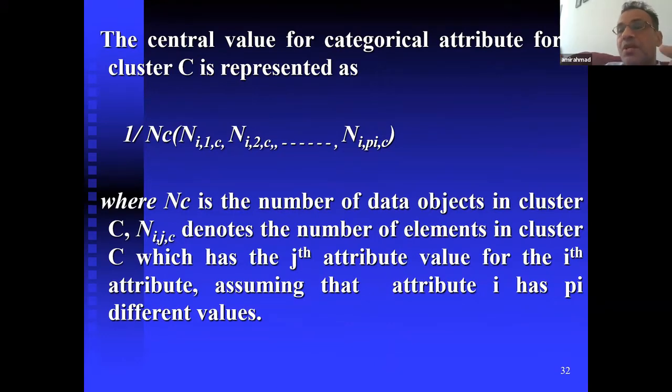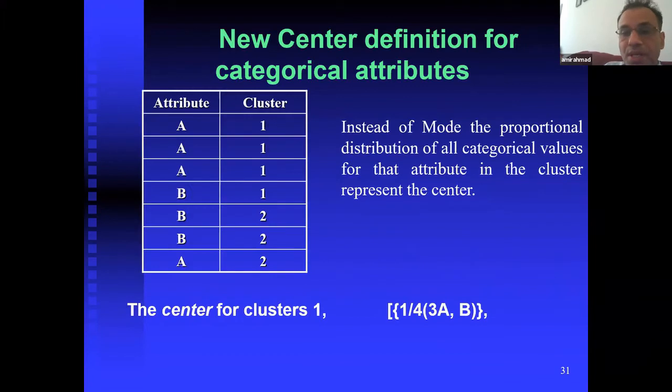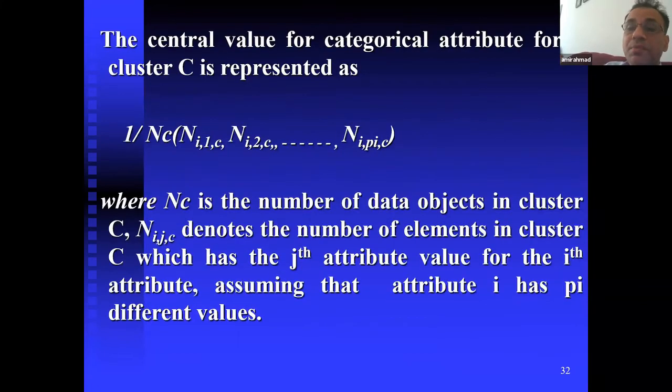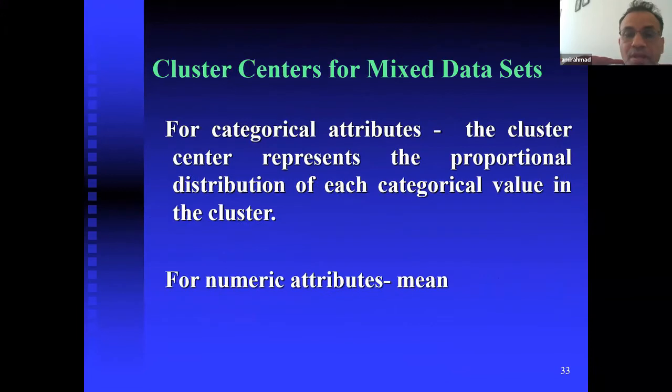So this is the proportional distribution, which I discussed here. The center should be defined for the categorical attribute using the proportional distribution. So basically, you have many attribute values, so you have to have numbers for each attribute value. Some of the attributes are numeric, some are categorical.